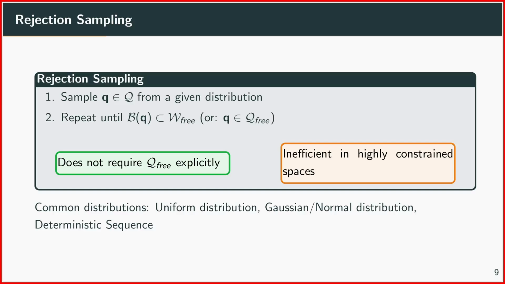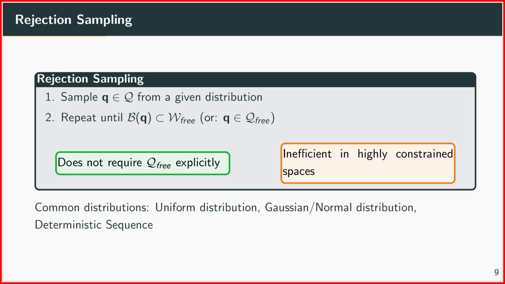The way we do that is usually that we employ rejection sampling. The idea is that we are sampling some configurations from our configuration space given some distribution. And then we repeat sampling until we actually find one configuration where the body of the robot is in the free workspace of our environment.